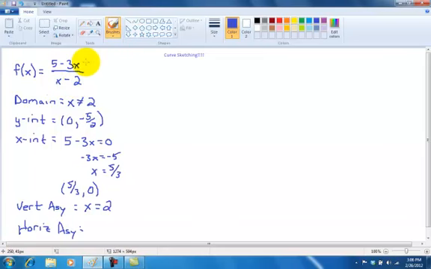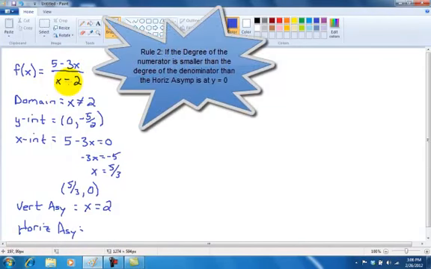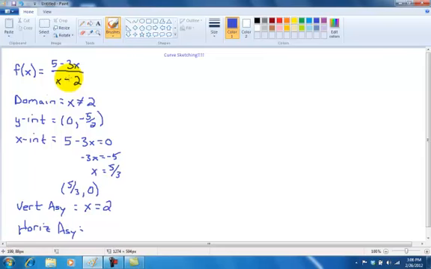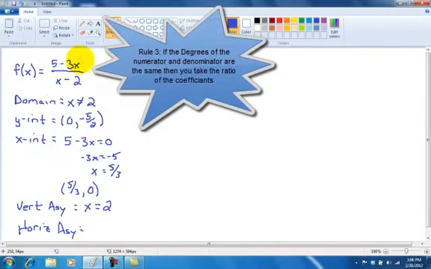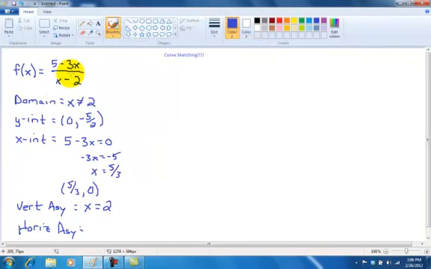If the degree of the numerator is smaller than the degree of the denominator, then the horizontal asymptote is at y equals 0. If the degree of the numerator is equal to the degree of the denominator, then you take the ratio of the coefficients, and that is your horizontal asymptote.